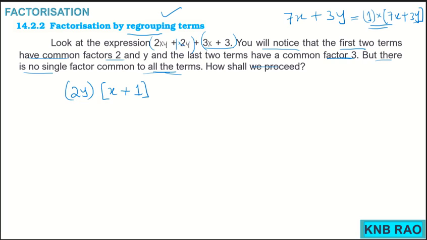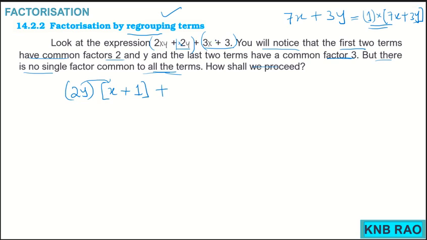Unless there is a requirement of writing something as 1 into, we will not write. Let us say I have written 1 into 2y. Now if 2y goes out, then I will get 1 left over in this term. Always remember, if I multiply back, am I getting the same algebraic expression or not? That you have to watch. So 2y into x, 2xy, 2y into plus 1 gives me plus 2y, this term now.